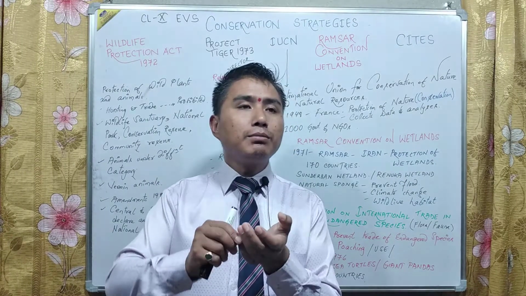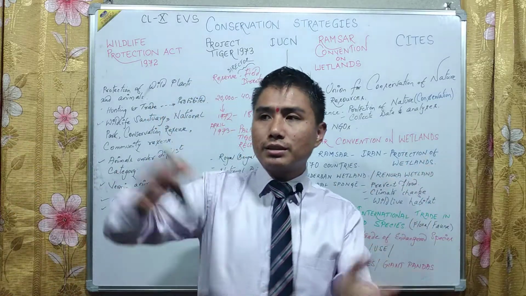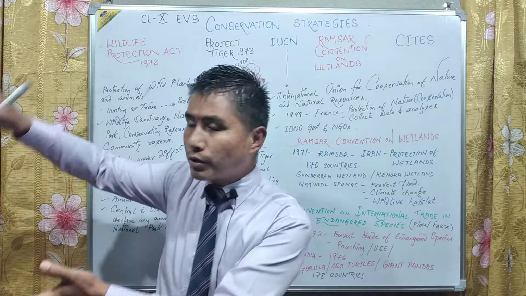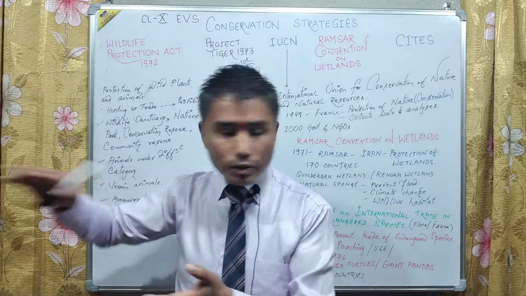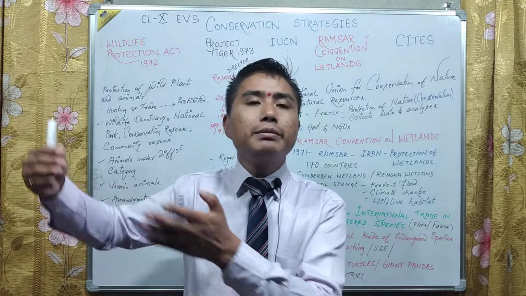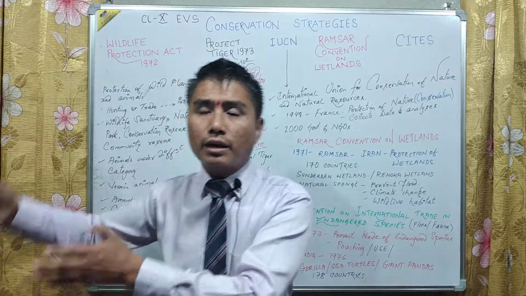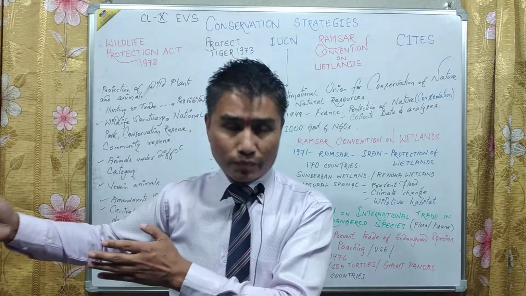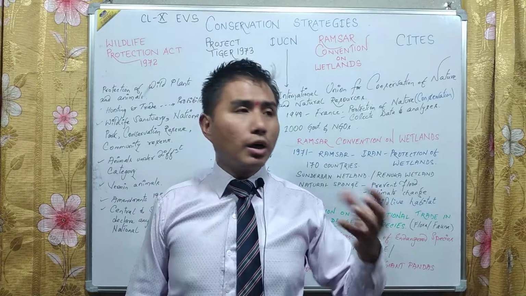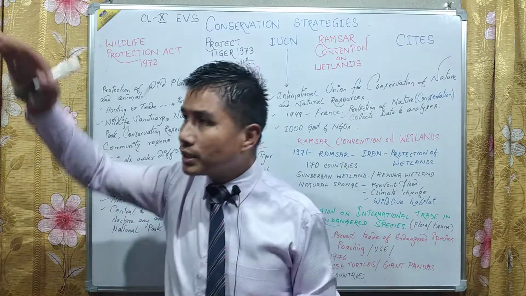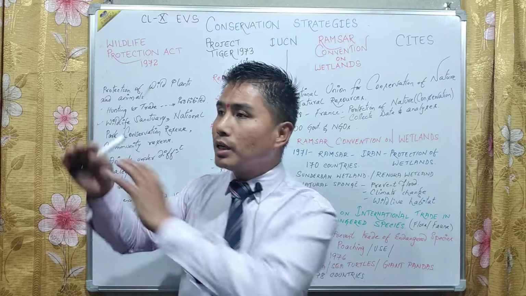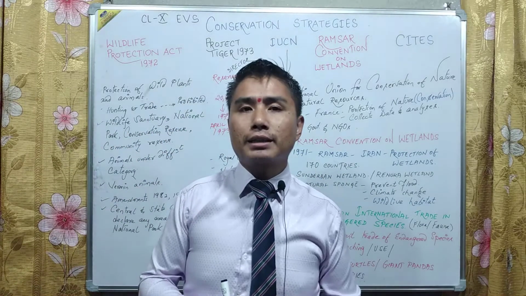Under that, animals and plants were categorized into different sections: group A, group B, group C, group D, group E. According to their category, if any criminal act is done, for example hunting, poaching, or trade, or if their parts are used for medicines, aesthetic purposes, or trophies, then according to the level or stage of these animals, they have been penalized and punished.